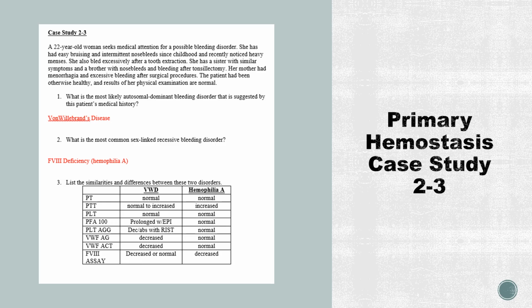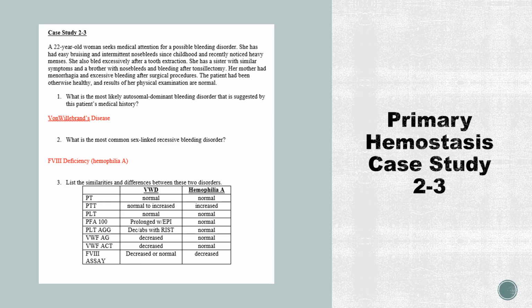So let's look at our PT. If the patient had von Willebrand's disease, the PT would be normal, and the patient with hemophilia A would also be normal because, again, hemophilia A, or factor VIII deficiency, is a part of the intrinsic pathway. So PT would not be prolonged at all. The PTT for a patient with von Willebrand might be normal or it might be increased.